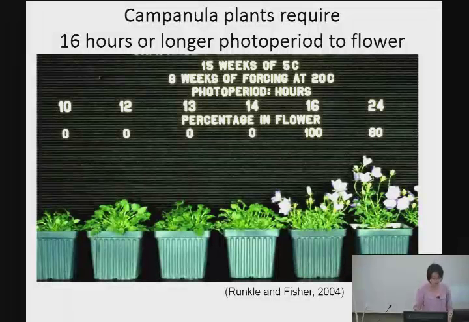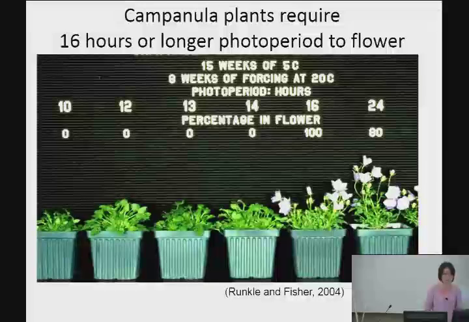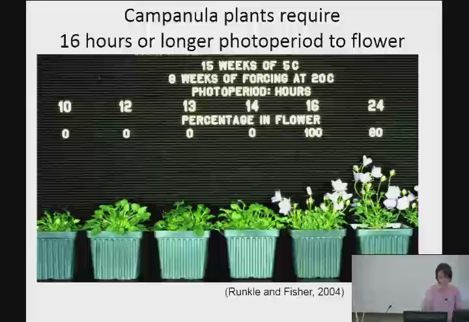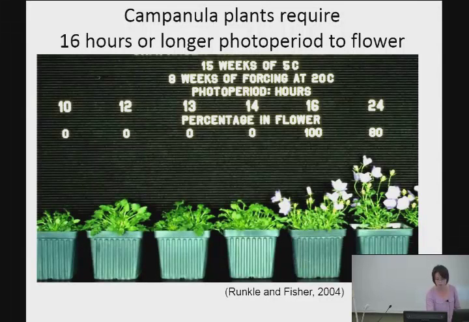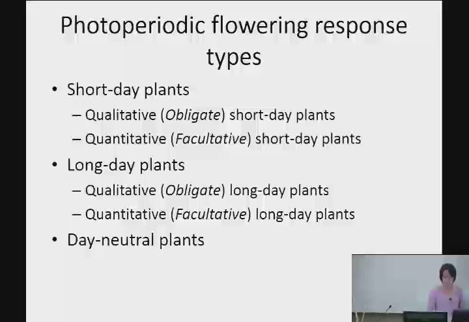So this is showing that Campanula is a long day plant, right? Flowering at photoperiods longer than a certain threshold. So that's a long day plant. We have that definition written somewhere in the slides. Short day plants, long day plants, and day neutral plants: those are three big categories.